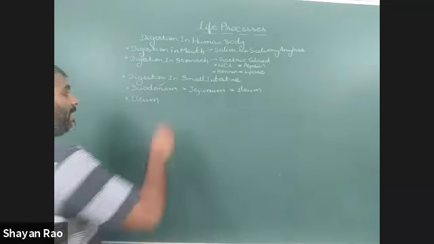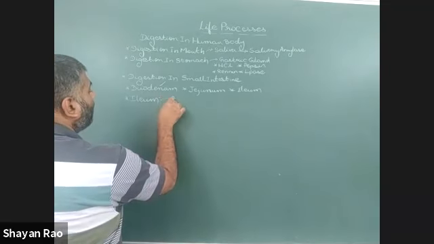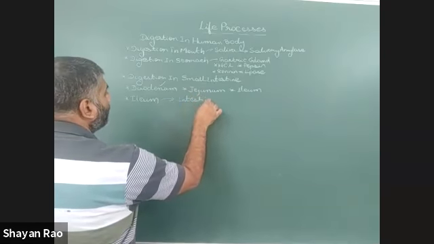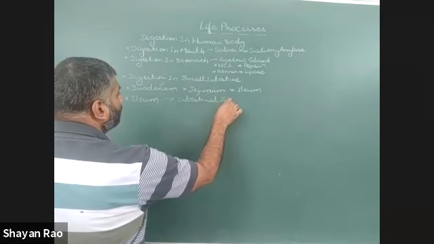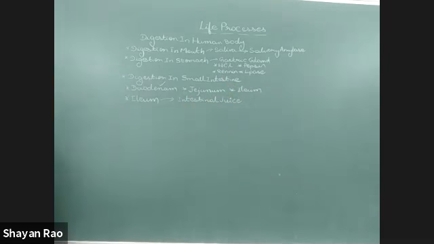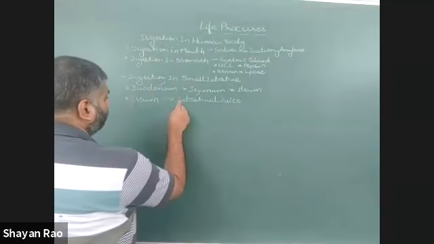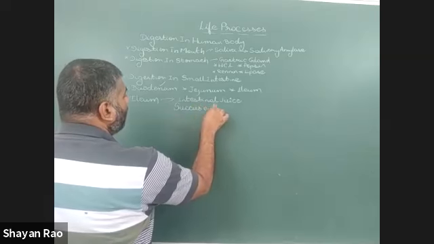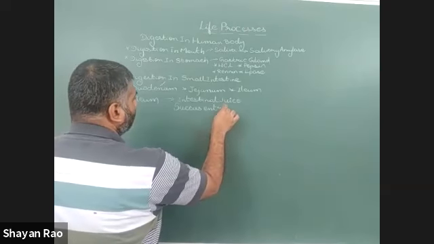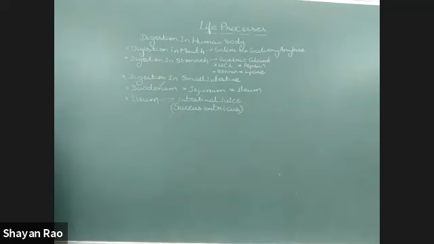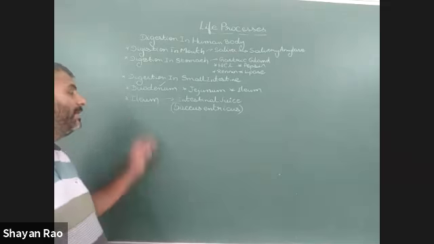So the ileum is going to secrete intestinal juice. This intestinal juice is also called succus entericus. So this is the enzyme secretion from the ileum.